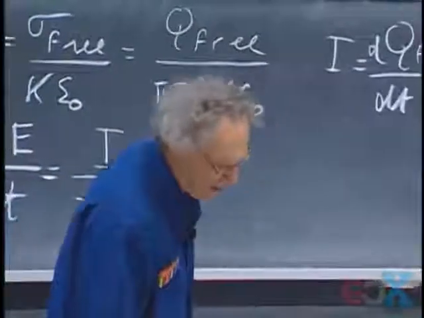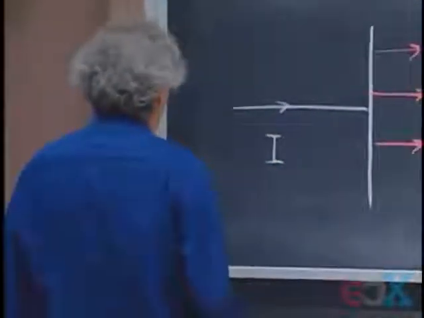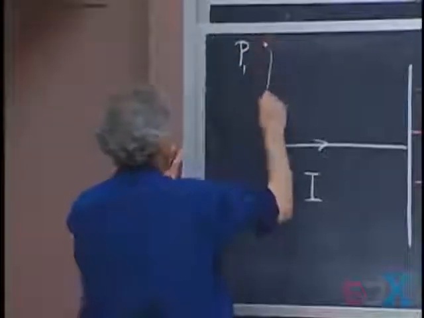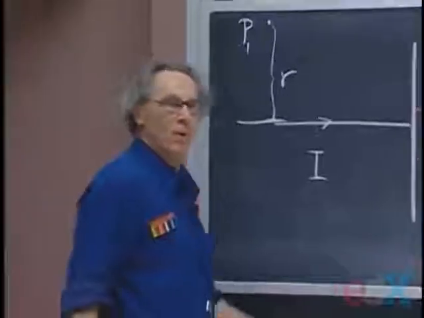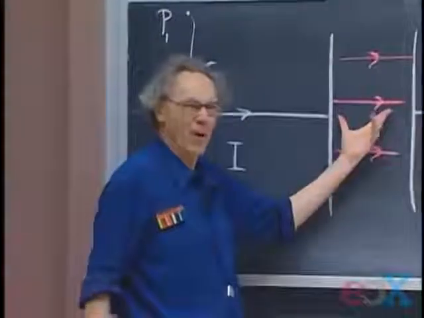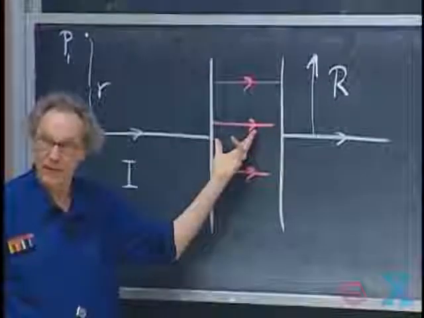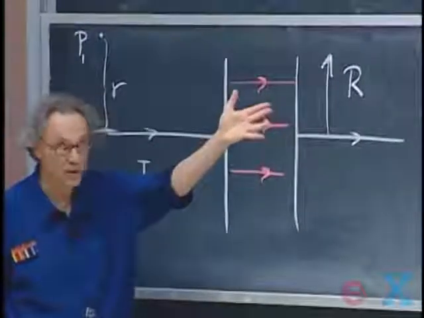So how does this affect the magnetic field? Well, if I take here a point P1 at a distance little r from the wire, if you're far away from this capacitor, it's hard to believe that Ampere's law would not give the right answer. And we'll apply that very shortly.